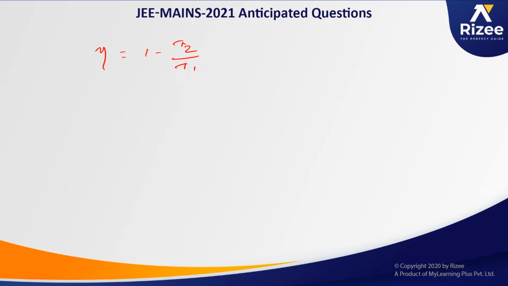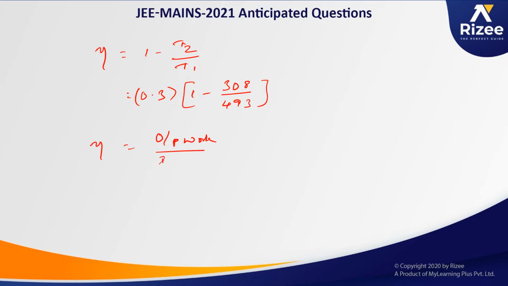So this can be written as 0.3 times 1 minus T2, the sink temperature 308, by 493 Kelvin. We need to convert this into Kelvin, sir. So he is asking how much the input heat is going to be. Always efficiency is equal to output work by input heat supplied.